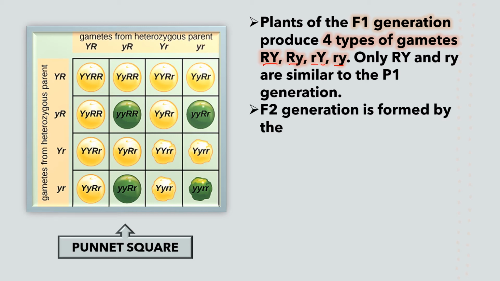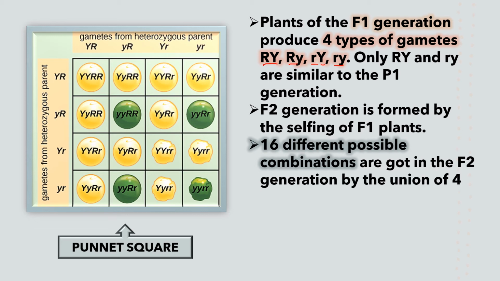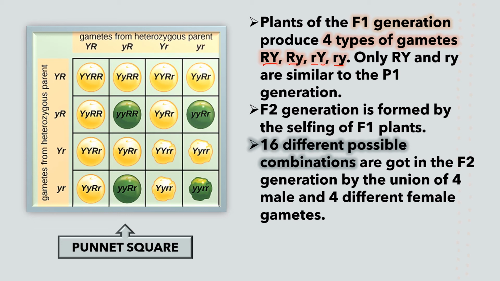The F2 generation, next generation, after selfing or self-fertilizing the F1 plants which we got, the mixed plants, 16 different possible combinations were got by the union of 4 male and 4 different female gametes.